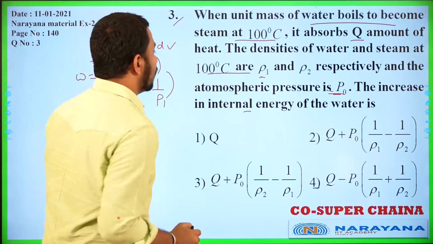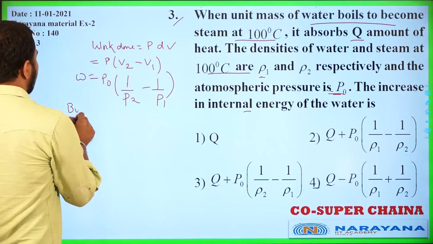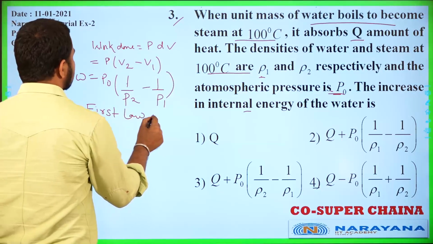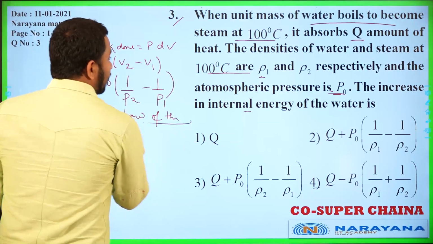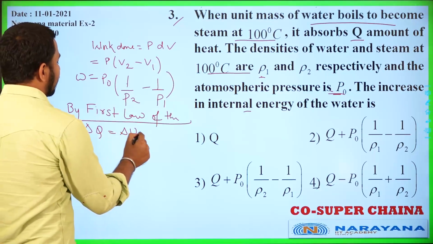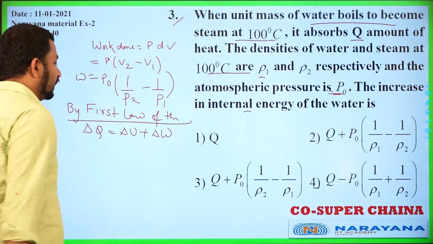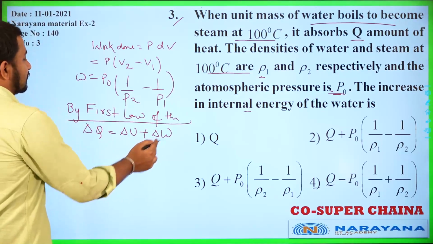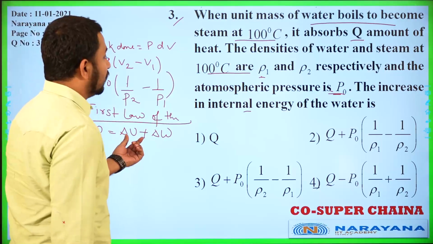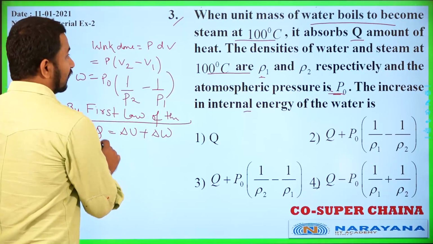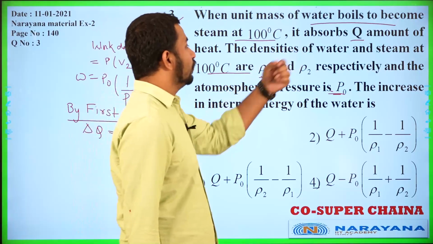Now if we apply the first law of thermodynamics, what we can say? By the first law of thermodynamics, delta Q will be equals to delta U plus delta W. If you see here, this delta U we have to calculate. This is given as it absorbs Q amount of energy.